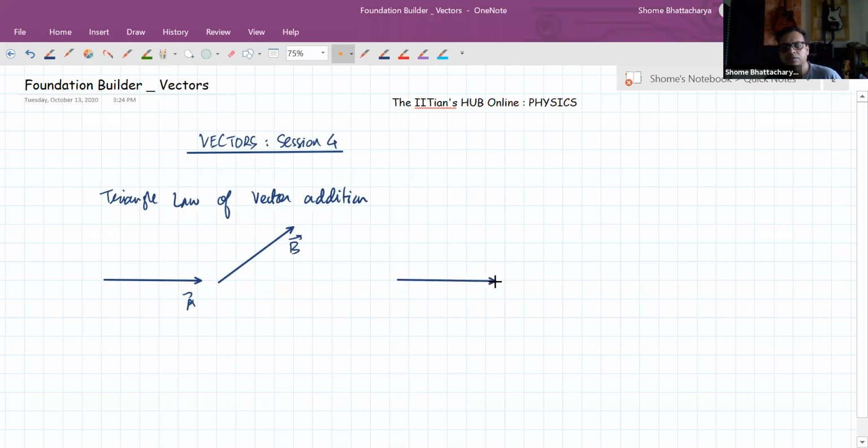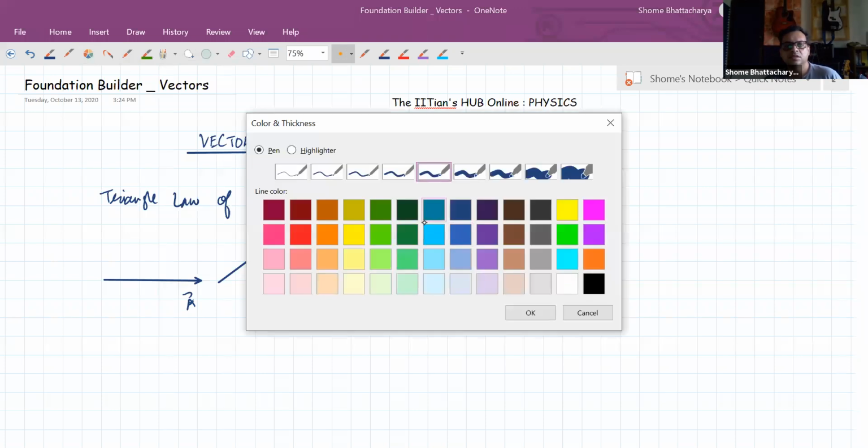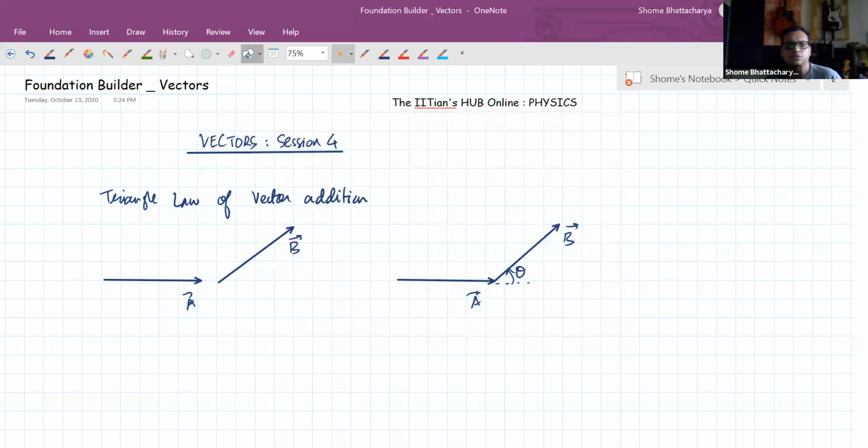After the first vector, right from its head, we draw the second vector without changing anything else about it. So we get two consecutive sides of the vector triangle, where this angle theta is the angle between the initial two vectors A and B, and the third side of the triangle becomes the resultant sum of the two vectors. We calculate its magnitude and its direction by the particular formula we had seen.